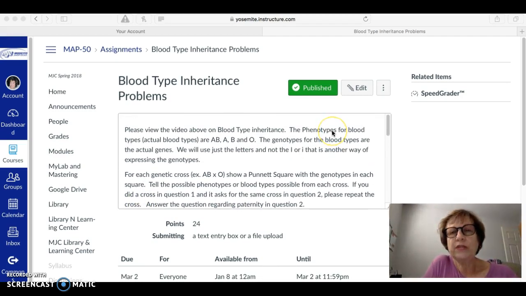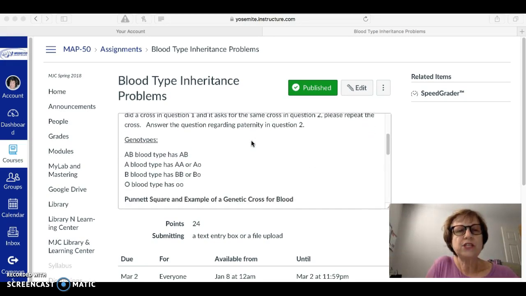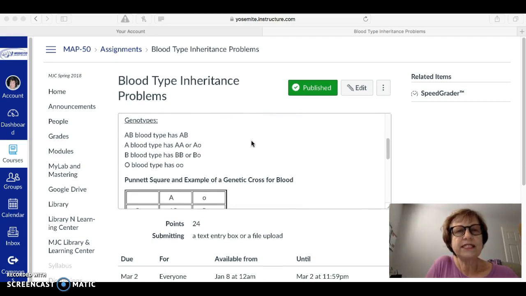Phenotypes are what the blood looks like. Does the person have type AB blood, type A, type B, or type O? The genotypes are what brings about these blood types or phenotypes.